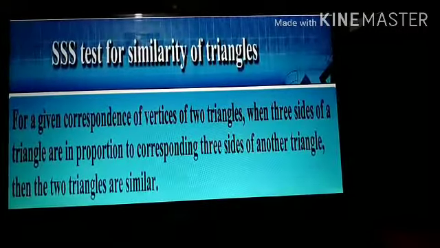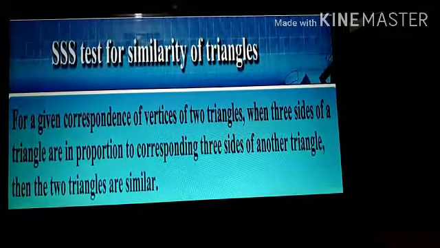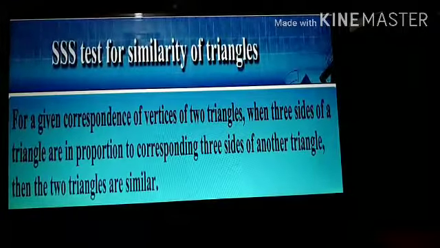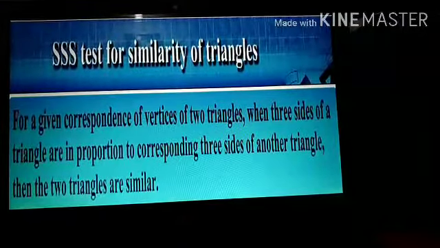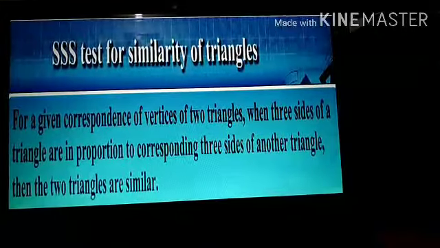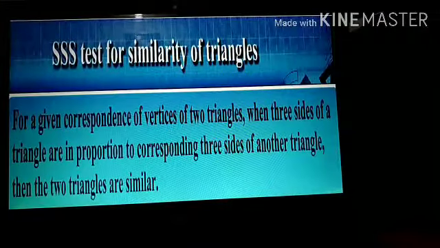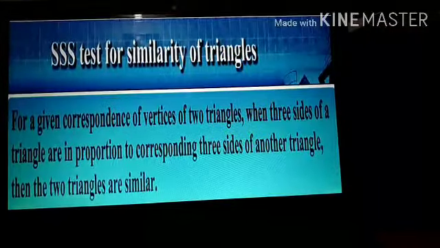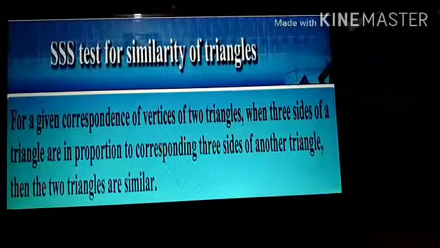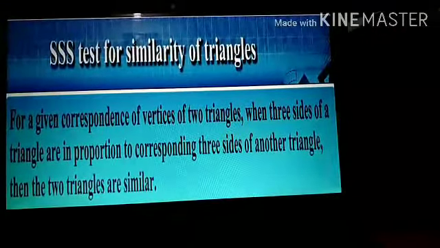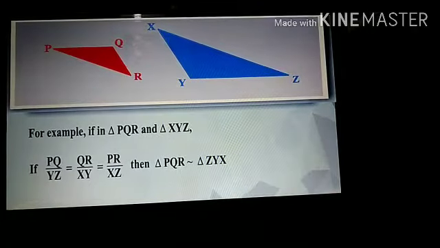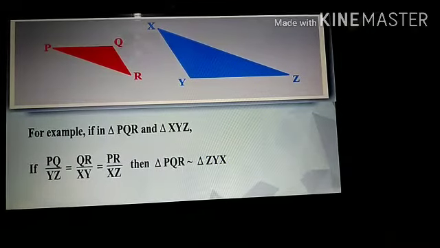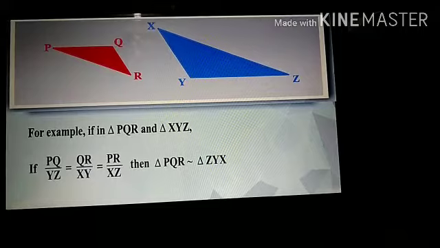The fourth test was the SSS test for similarity of triangles. For a given correspondence of vertices of two triangles, when three sides of a triangle are in proportion to the corresponding three sides of another triangle, then the two triangles are similar. We saw an example for it in triangle PQR and triangle XYZ.